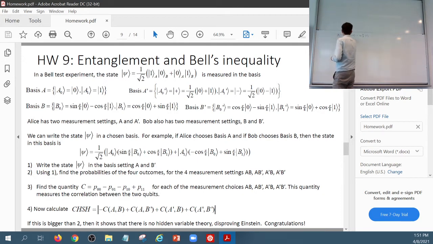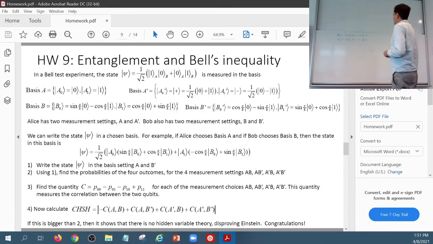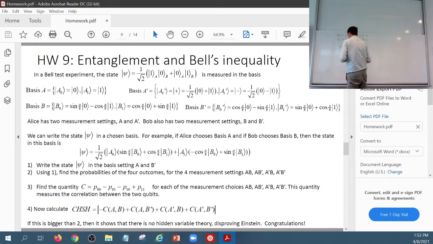Cosine pi over 8, 0 plus sine pi over 8. Okay, so we need to invert this formula to give the 0 state. So we multiply the top one by sine pi over 8 and the bottom one by cosine pi over 8, and then add them, then this will be 1. Let's just do that properly.